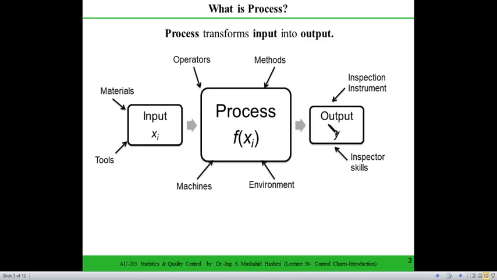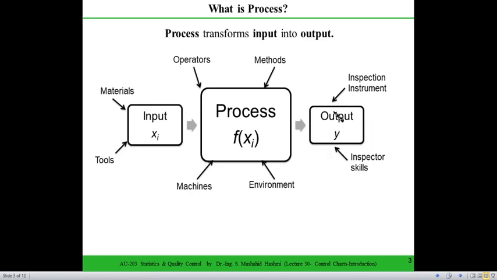Even inspection can be done at the input stage, whether we are bringing in quality material, or whether we have the right tools available for the process. The inputs are sort of consumables. Once they get consumed, all this input is transformed into an output. An output could be our product in the production setup.